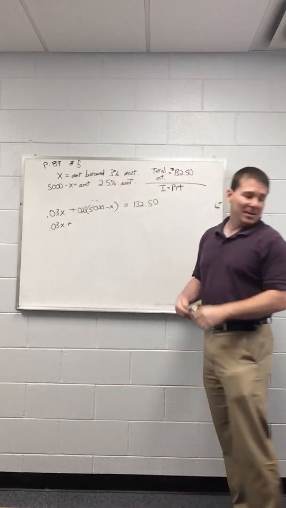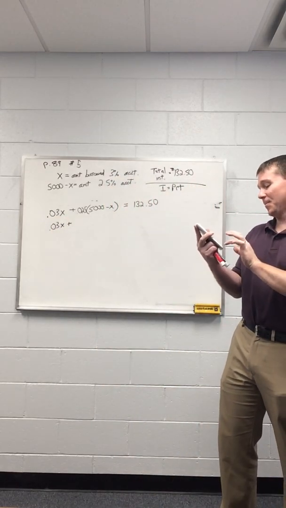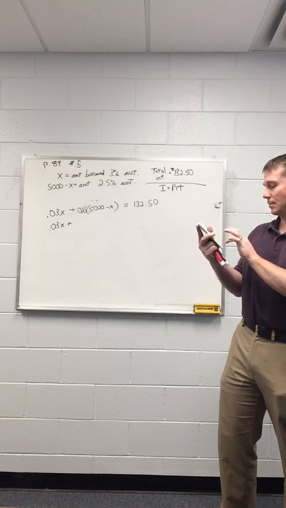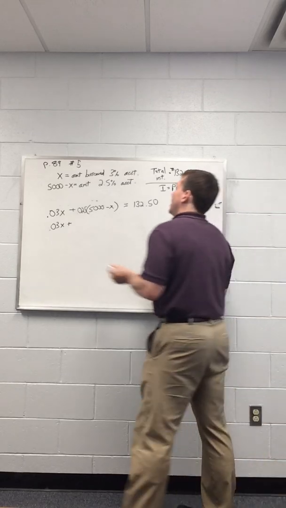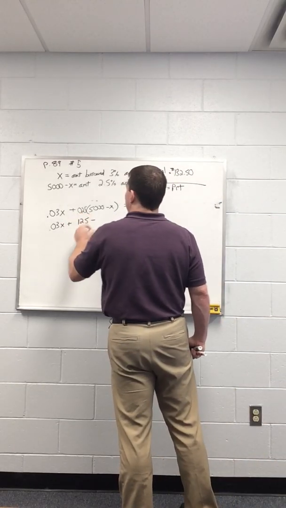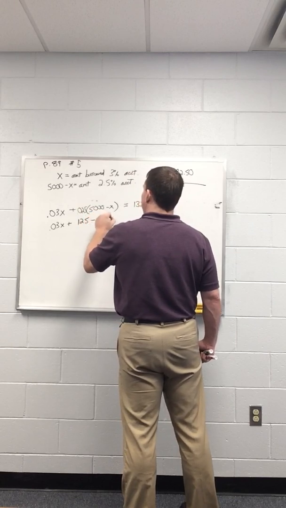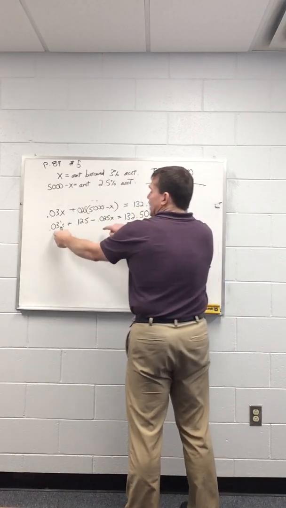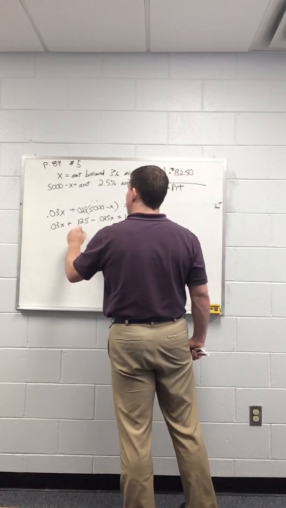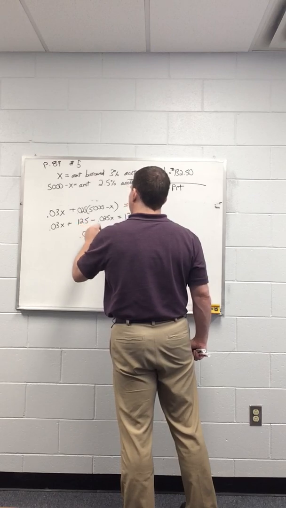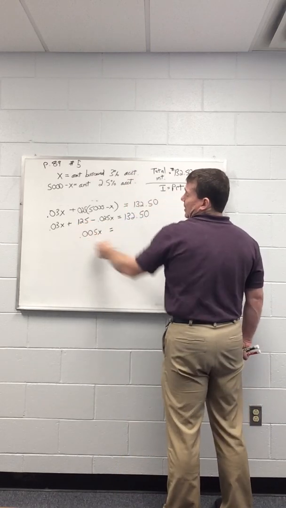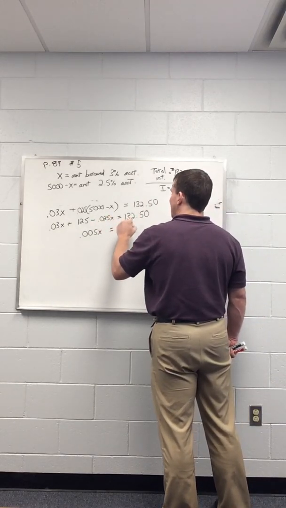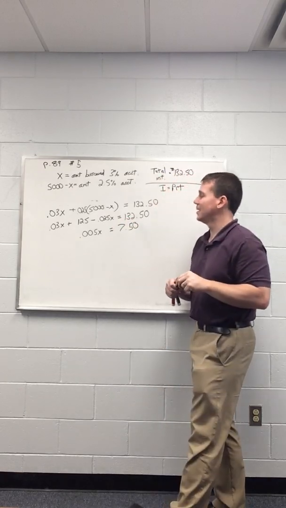0.03X plus, just distribute, and here I'll even pull up my calculator, 0.025 times 5,000 equals 125. So I get plus 125 minus 0.025x equals 132.50. 0.03x minus 0.025x is 0.005x equals, subtract the 125 over, 132.50 minus 125 should be 7.50 if my quick arithmetic is correct.